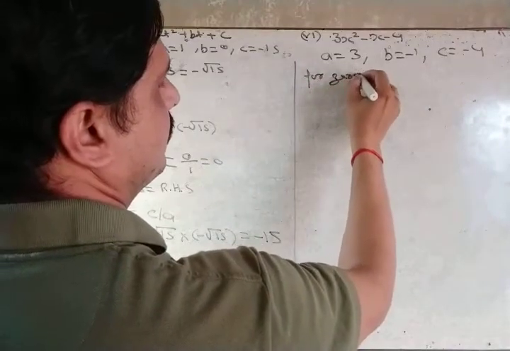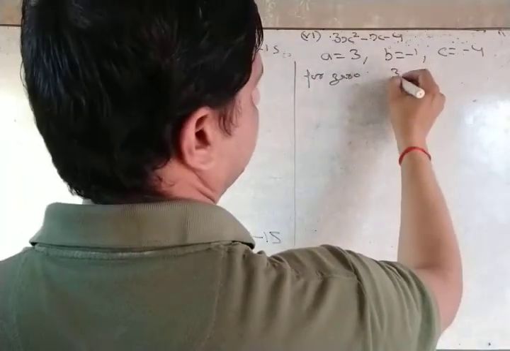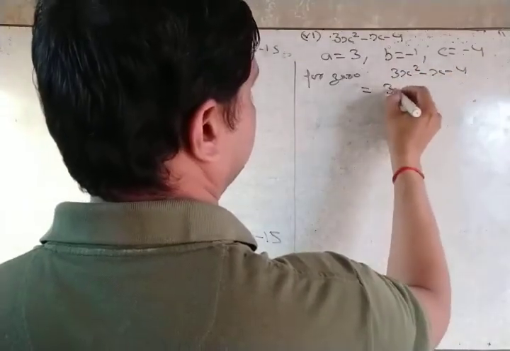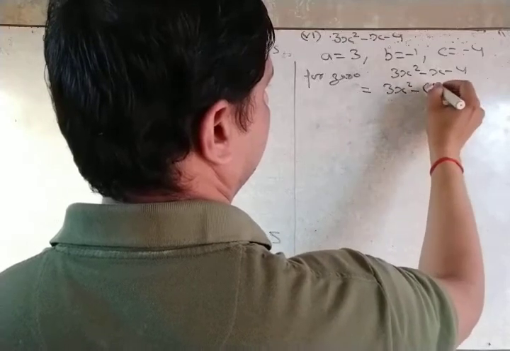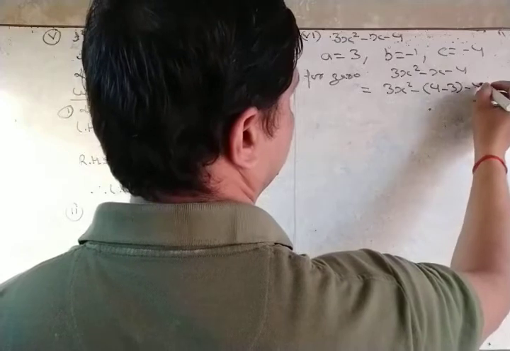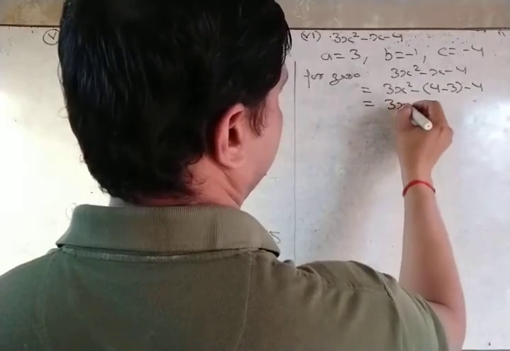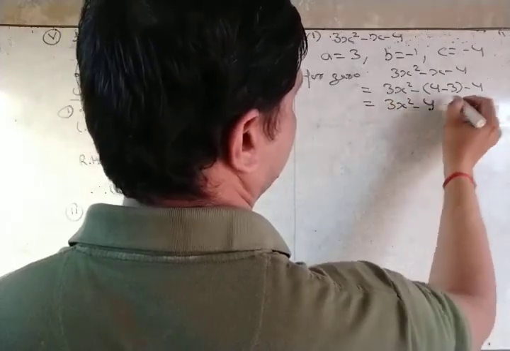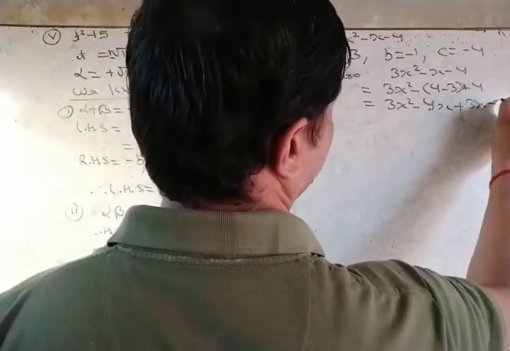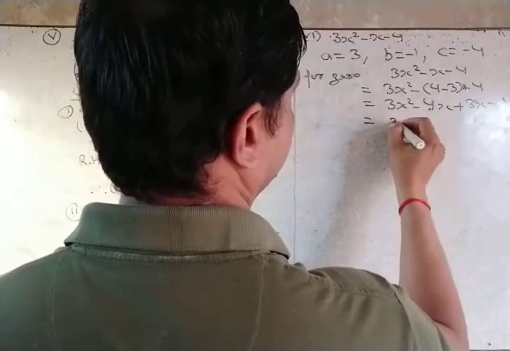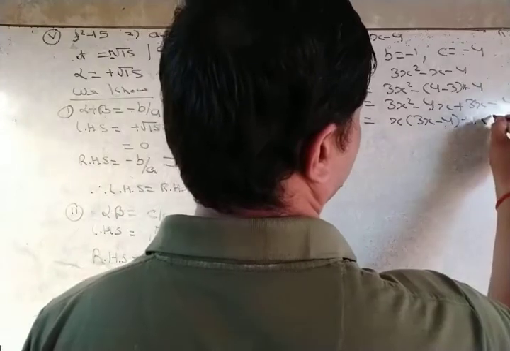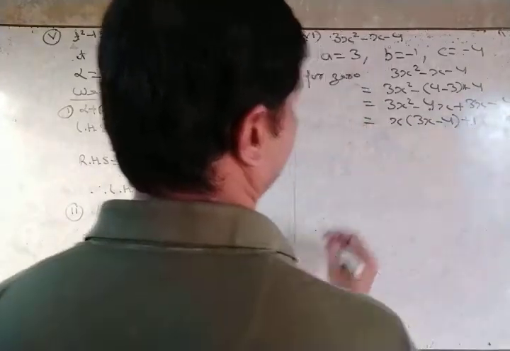For zeros, when you split this equation, you will get 3x square minus 4x plus x minus 4, taking x common, 3x minus 4, taking 1 common, 3x minus 4.